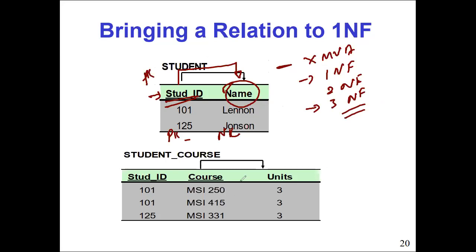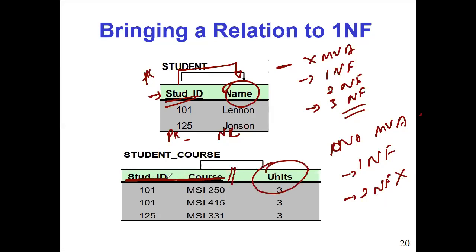Now you can see this is student id and course, both are primary key, right? So this unit is depending on this one. So no multi-value attribute, but partially depending. Okay, so this is 1NF. 2NF, no, because partial dependency is there, because course unit is only depending on the course, not the student ID.